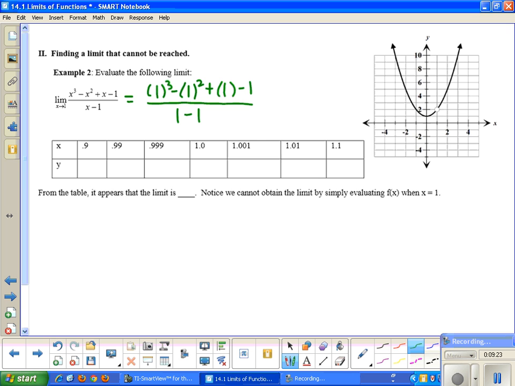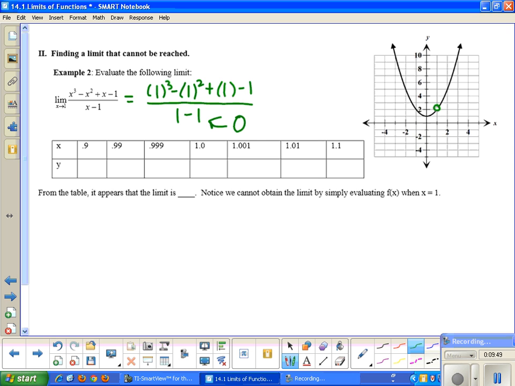Now, if I try to solve this, notice right here in my denominator, I'm going to get a value of 0. And remember, we can't divide by 0. Because of that, we have what's called, in this case, a hole in our graph. And if you look right over here, you can see the graph, and there's a hole right here at an x value of 1.